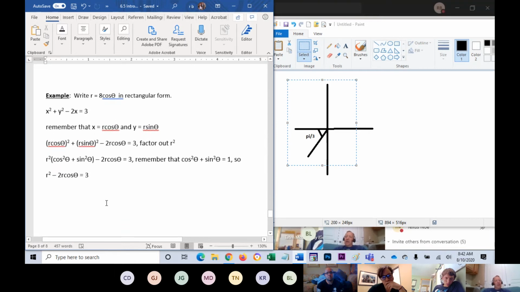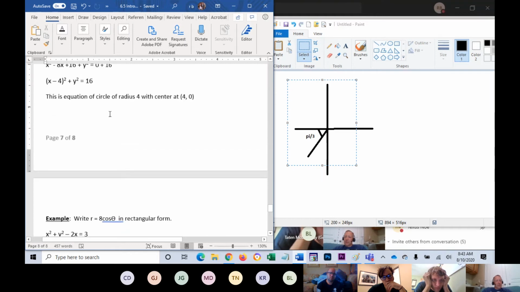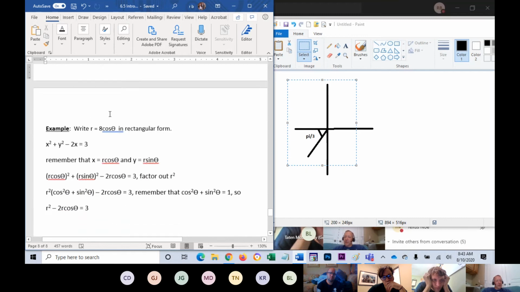Okay, so finally, write r equals 8 cosine theta in rectangular form. This looks like what I just did. No, I guess it's not.